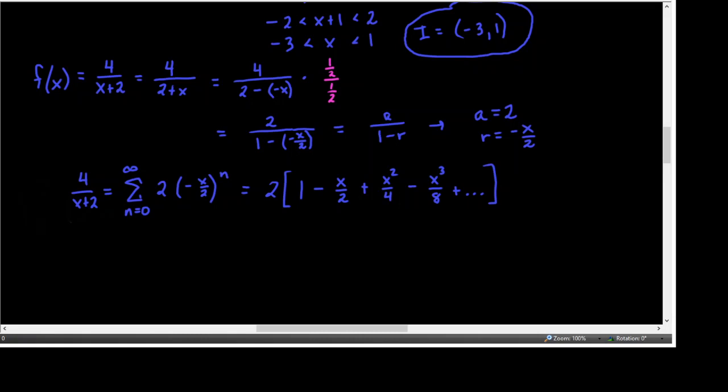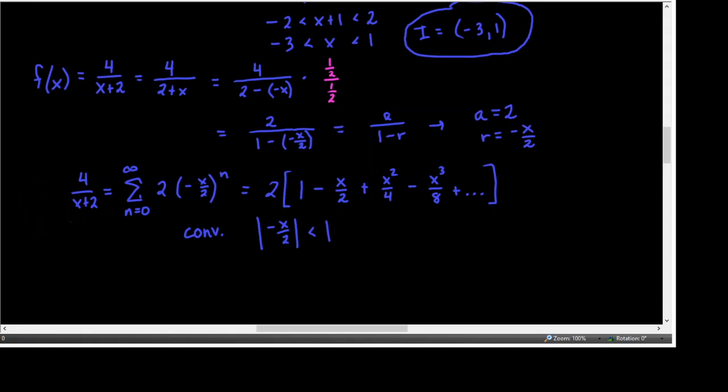Okay. Now, we'll be able to write that series for 4 over x plus 2 for the x's for which it converges. And this converges when the absolute value of our r is less than 1.